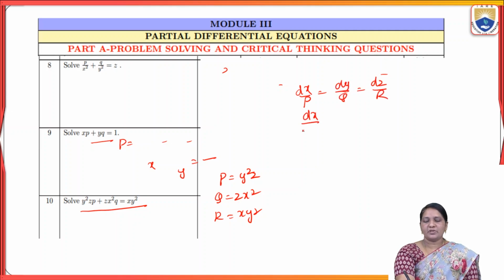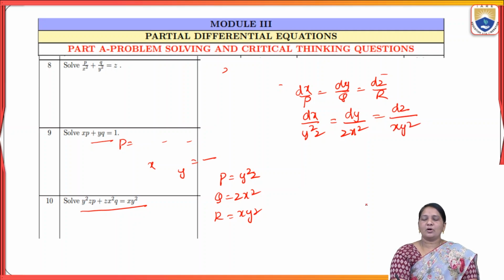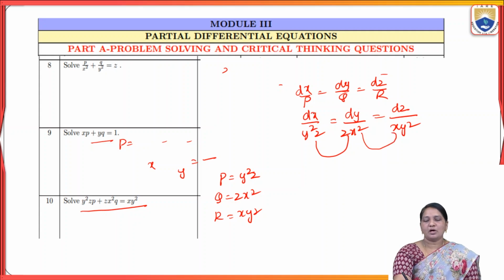So dx by p value is y square z, q value is zx square and r value is xy square. Now we can select 1 equal to 2 also, 2 equal to 3 also, or 1 equal to 3 also to get the solutions. So finally we can write the general solution, pi of u comma v equal to 0. This is the first solution and this is the second solution.